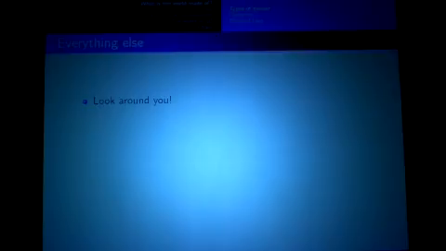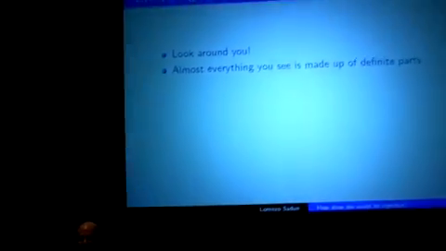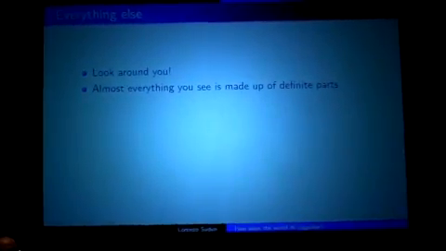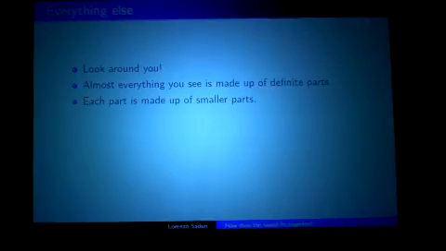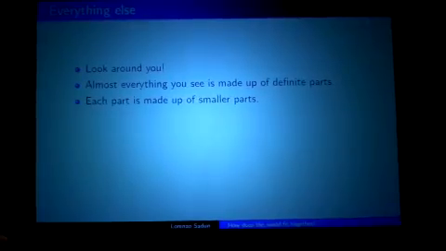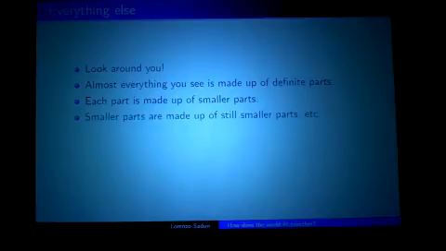The really, really important thing about everything else in this room and everything else that you saw on the way to this talk is it's got parts. You've got big things that are made up of little things. And little things are made up of smaller things. And smaller things are made of really small things.